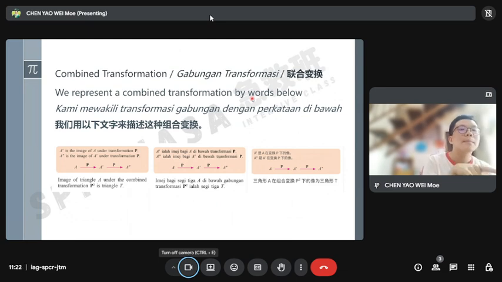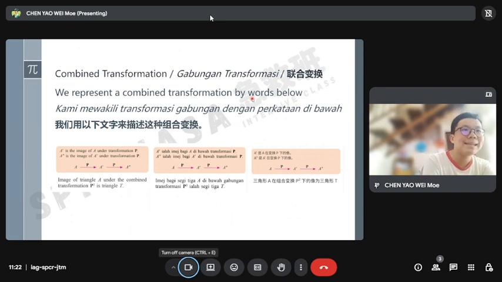So A prime is the image of A under transformation P. Because it's a combined transformation, we have two transformations. So A prime prime is the image of A prime under transformation P. This means A is transformed two times with the same transformation.